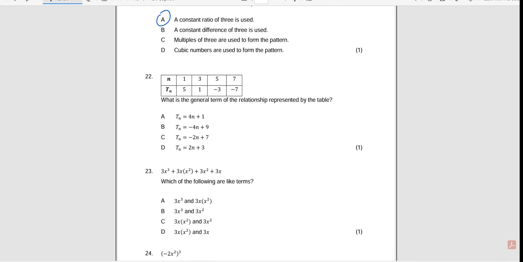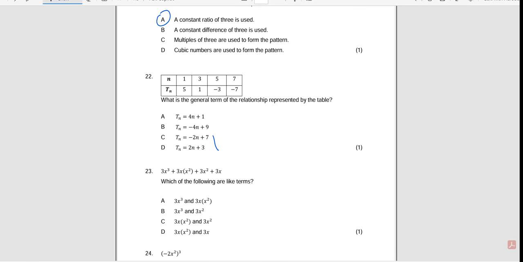Number 22, what is the general term of the relationship represented? Guys, in order for you to get the general term of the relationship, you need to use the numbers, the Tn below, to find the general term. So what are you going to do here, guys?